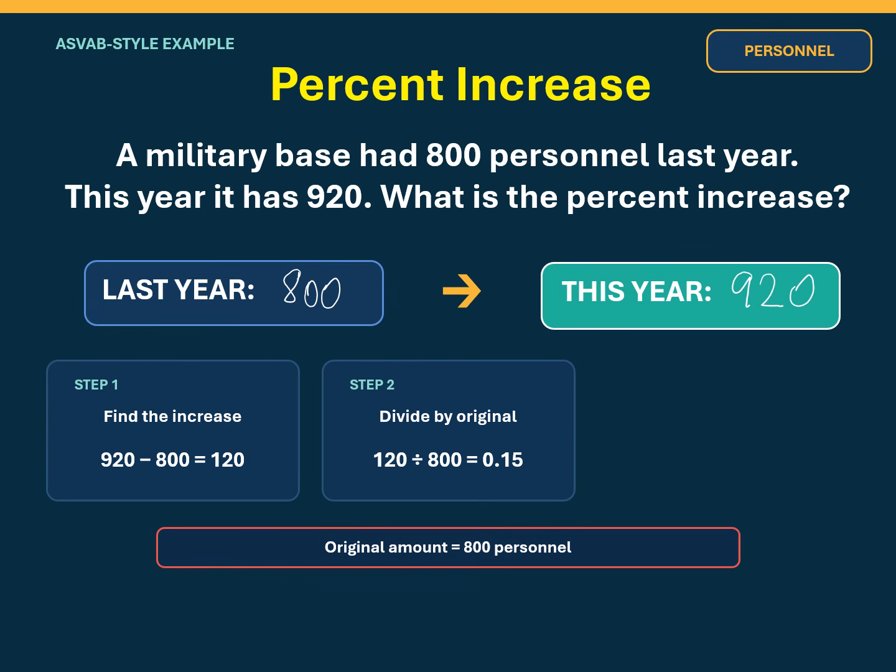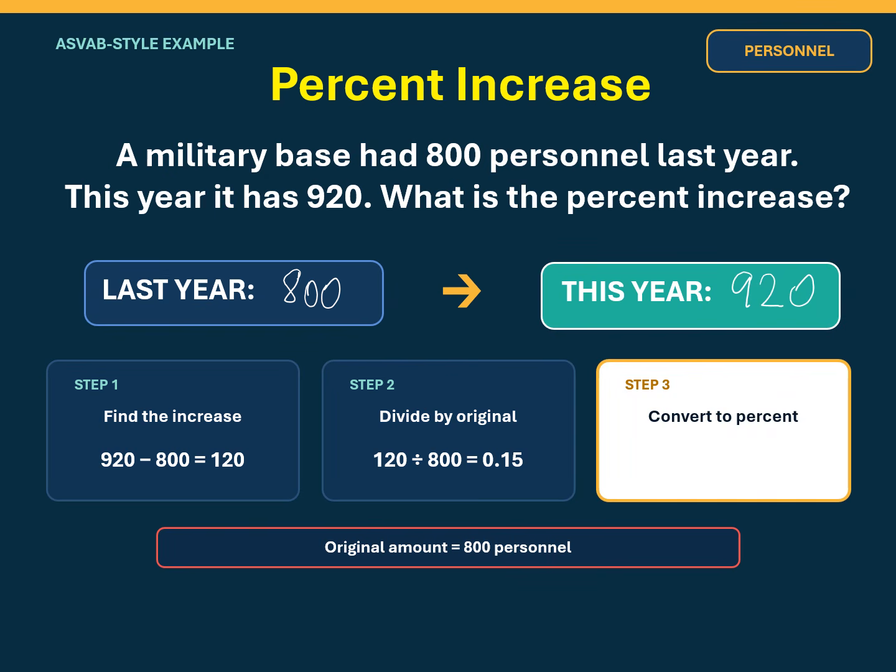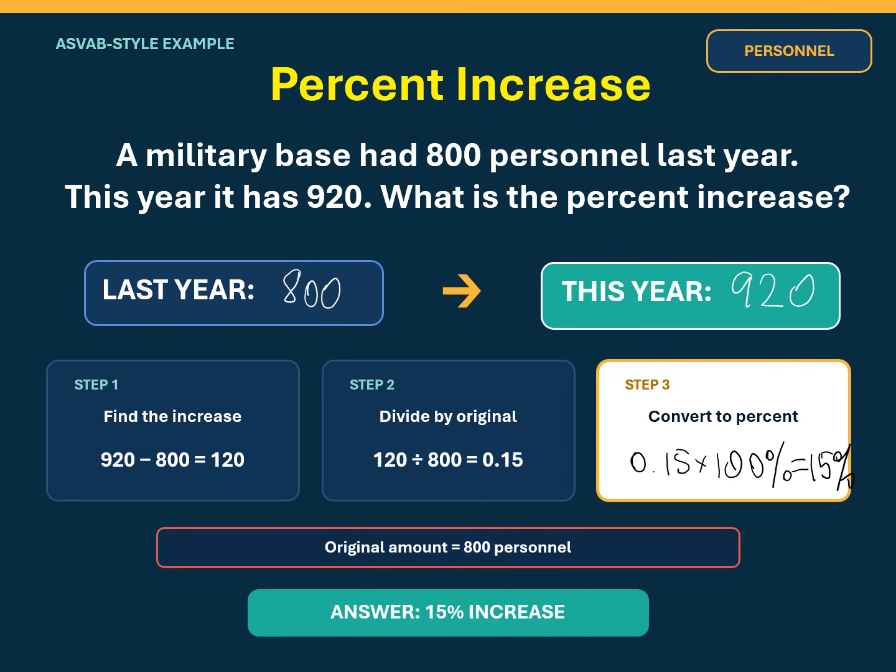Step 2, we divide by original. So 120 divided by 800, 0.15. And now we convert to percent. So we take 0.15 times 100%. It is 15%. So the answer is 15% increase.